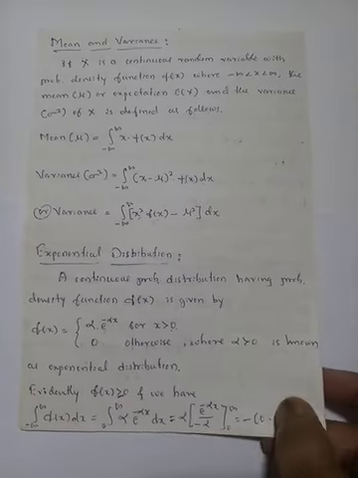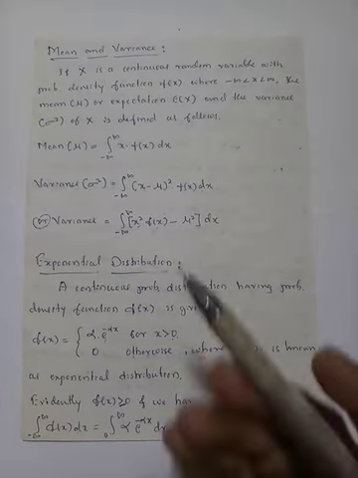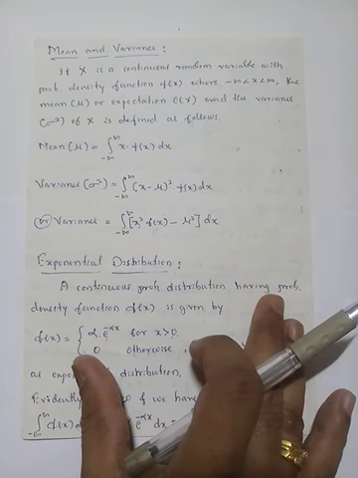Next we are going to define mean and variance of the continuous random variable.